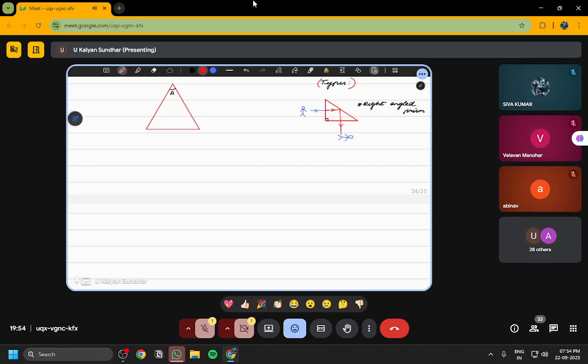Next comes the same right angle prism. It has some property. The object is being tilted by what angle? The image is turned 90 degrees, 180 degrees with the same right angle prism.